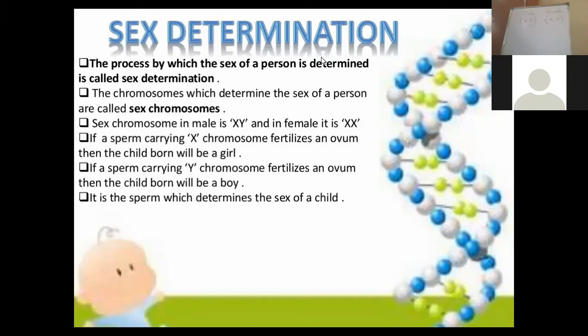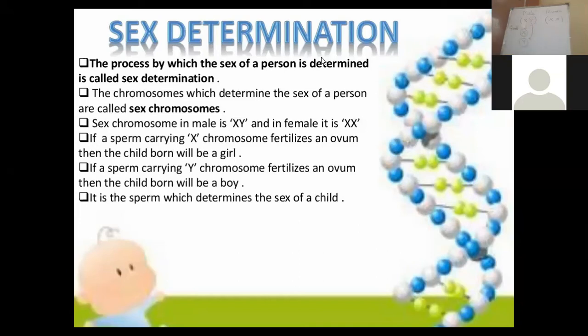Here I was talking about the male gamete. There is a chance that the male gamete will have an X chromosome or a Y, right?